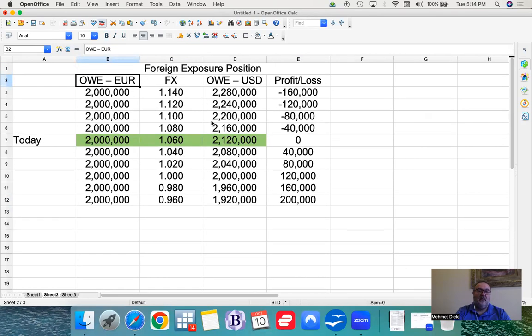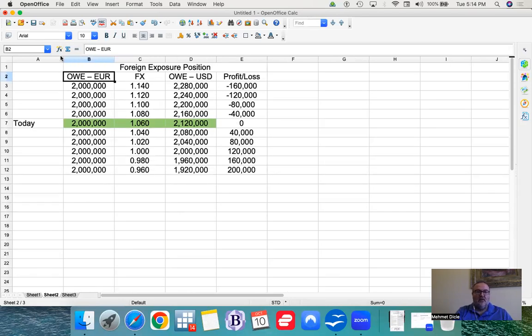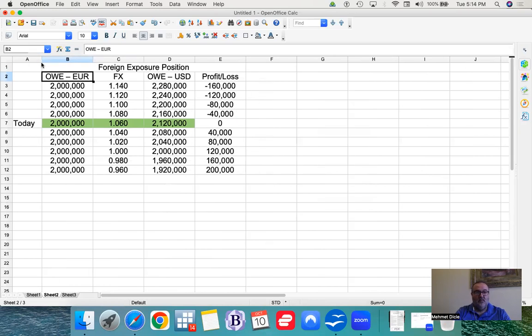So what does hedging mean? Well, hedging means that for this specific risk that I have, as the exchange rate goes up, I lose money. So then I need a second position right here, which I'm going to call a hedge position.